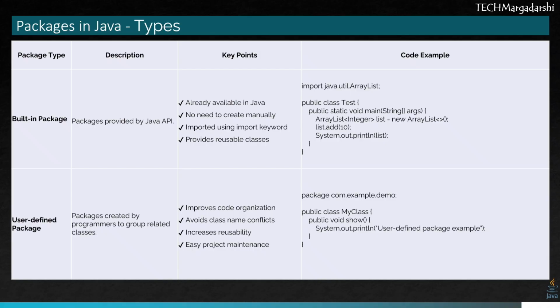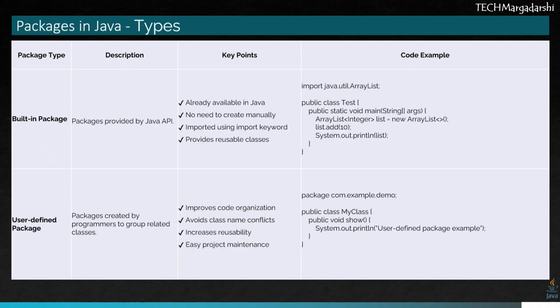Next, we have user defined packages. These are packages created by programmers to group related classes of their own application. User defined packages improve code organization, avoid class name conflicts, and make projects easier to maintain. In the example, we create a package using the package keyword and place a class inside it.